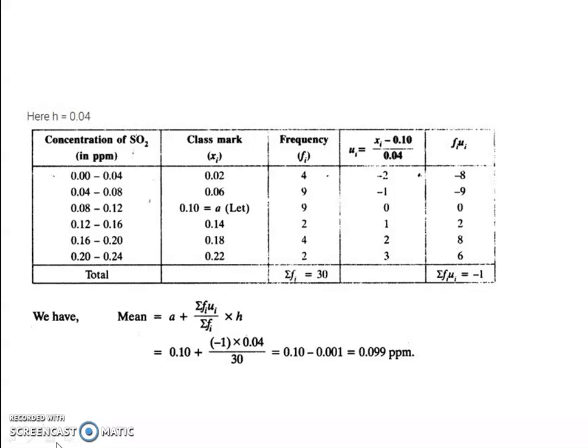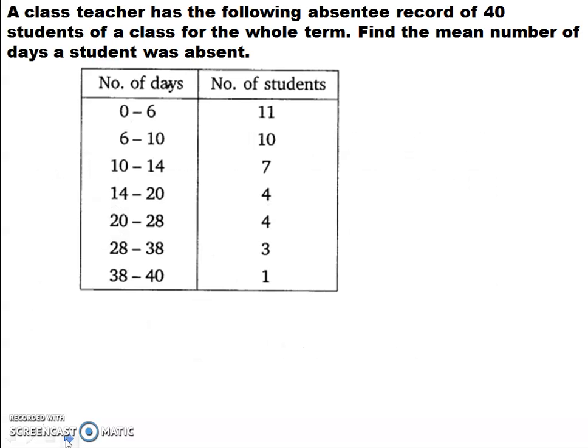Let's see the next question. A class teacher has the following absentee record of 40 students of a class for the whole term. Find the mean number of days a student was absent.